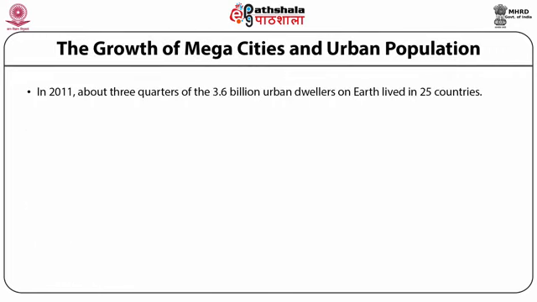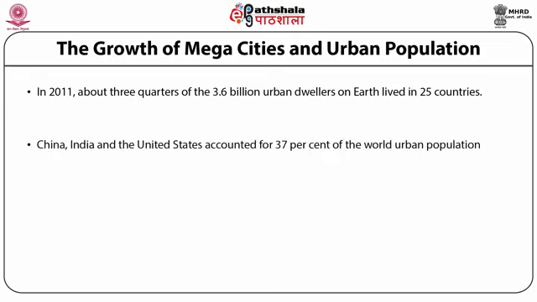In 2011, about 3/4 of the 3.6 billion urban dwellers on Earth lived in 25 countries. China, India, and the United States accounted for 37% of world urban population.